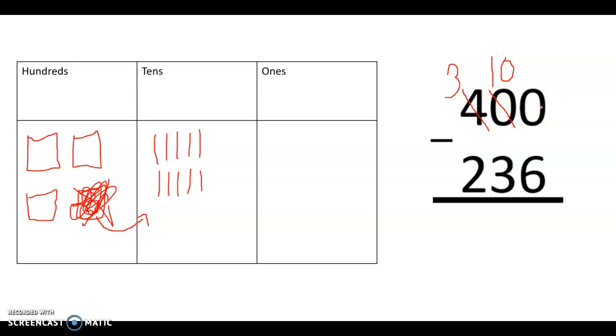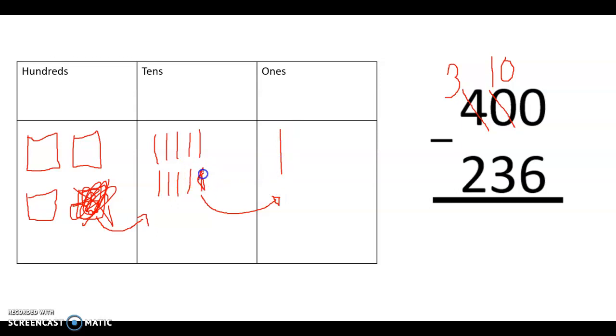Okay, so that means I've got to borrow from the tens who borrowed from the hundreds. So I've got to take this 10 and I've got to move it over to the ones place. So now I moved this 10 over to the ones place.